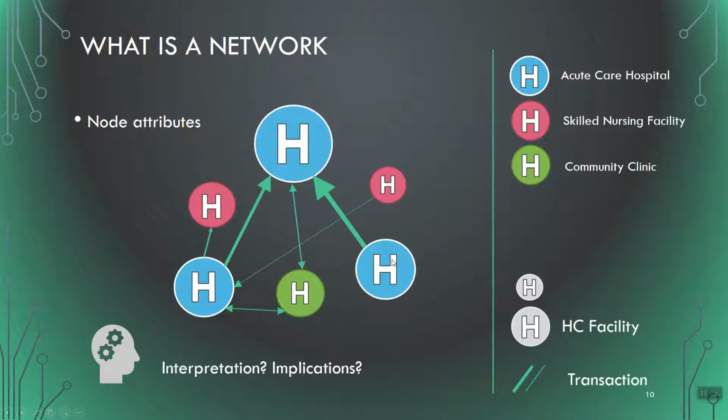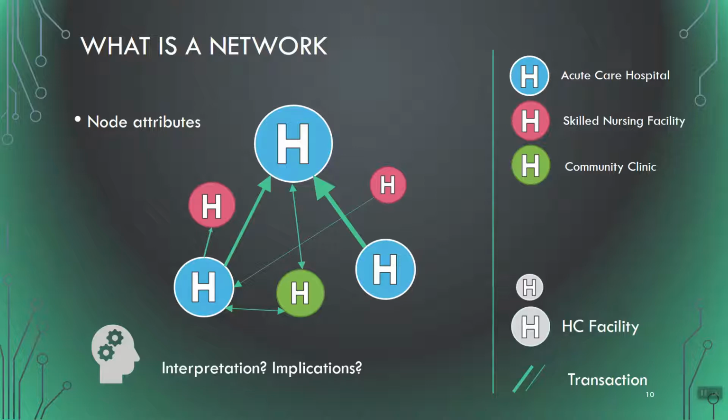What does it mean that this hospital is sending a lot of things to this other hospital? If you see, this hospital is receiving from many, this one, for example, is only sending. So what are the implications of that? You want to know maybe which hospitals are the influencers, or maybe disease spread.